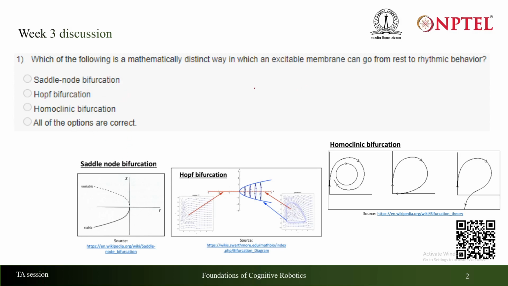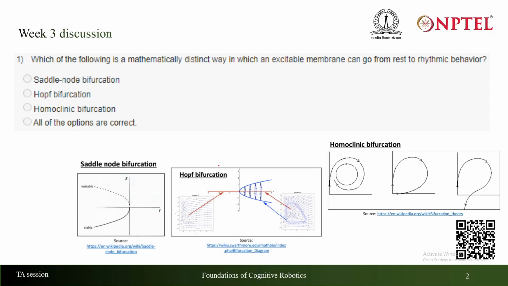Bifurcation is basically a system whose trajectories can diverge into two different paths. On solving the system dynamics, you get two equilibrium points, and depending on the equilibrium points, the system parameter and the initial condition, the system can take two different trajectories.